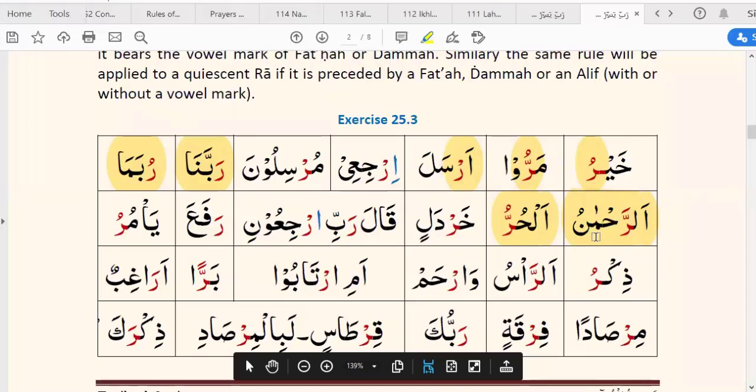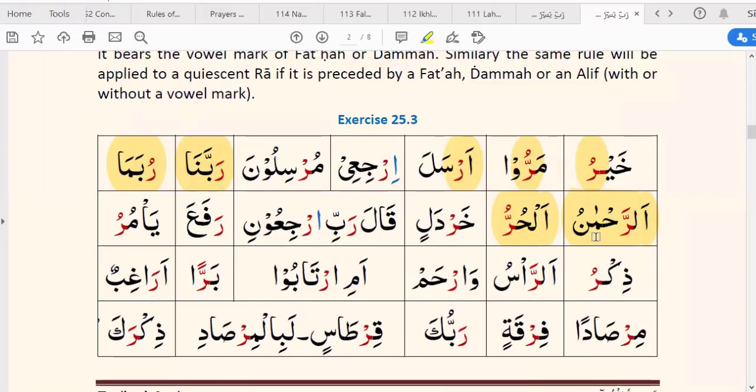All right, so we're going to continue with the exercise. Remember, whenever there's letter Ra and there is a fatha or dhamma stroke before it, we keep the sound thick and heavy. Over here for this word, we have letter Ra mushaddad, and before that we have a fatha stroke, so we're going to keep the sound thick. Ar-Rahmanu. Well done.